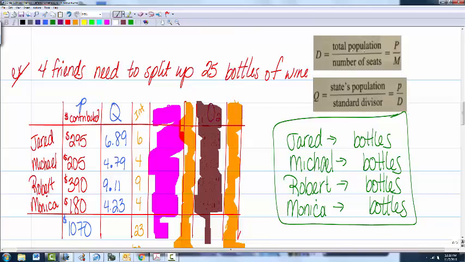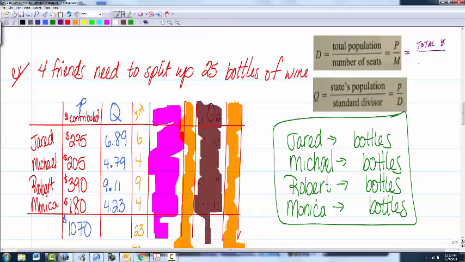So here's what you need to understand. Does D equal total population divided by number of seats? No, it equals the total amount of money that you put in divided by how many bottles there are, because you're distributing the bottles. So I should have just put bottles instead of 25. Just like, what are we distributing in the states problem?